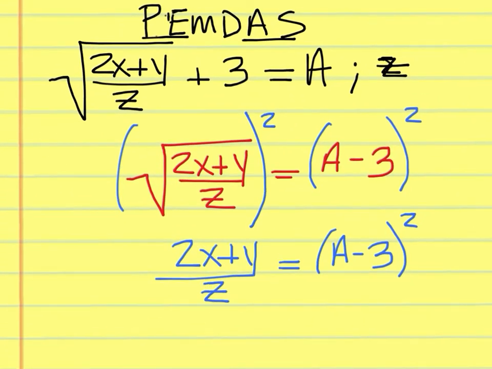We followed the order of operations in reverse by doing this first and coming over here. But now we have to undo the square root by squaring both sides so that we can have access to this in here. And once you do that, you have to start getting the z by itself. We have addition and subtraction on the top, but we have division in the middle that must be taken care of first.